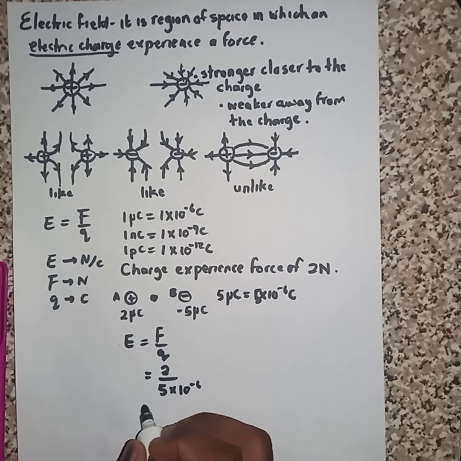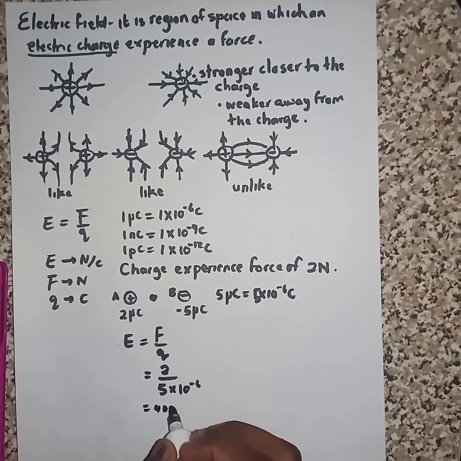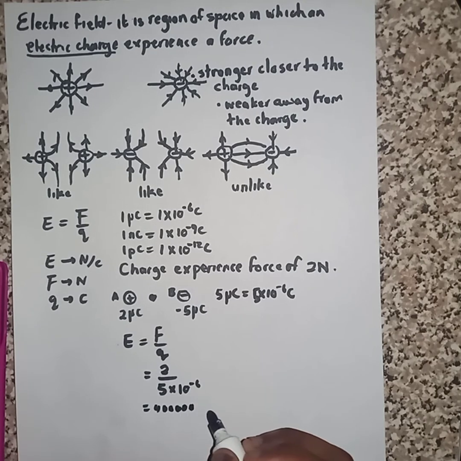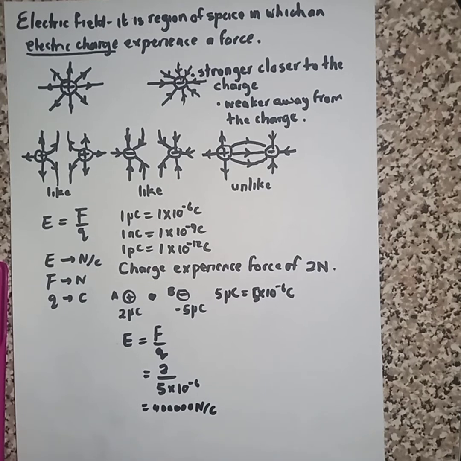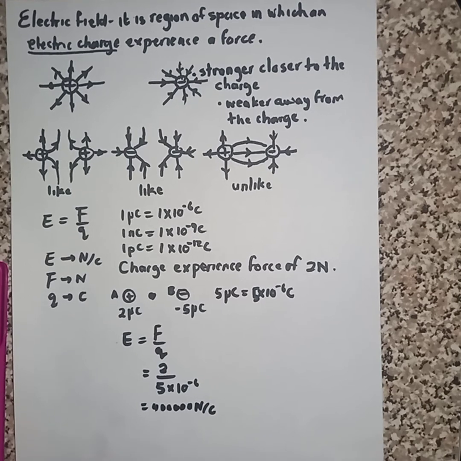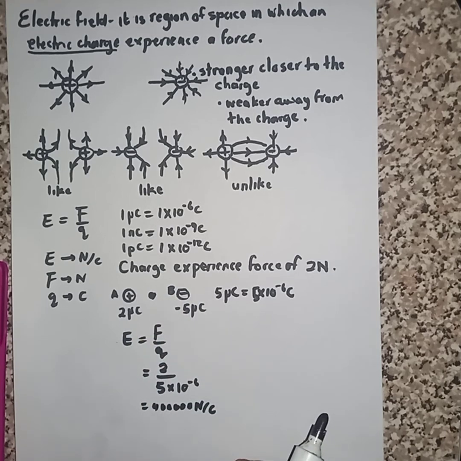Then we get 400,000 newton per coulomb. See, this is how we calculate the electric field of charge B.